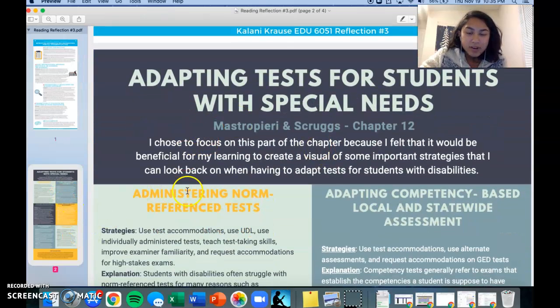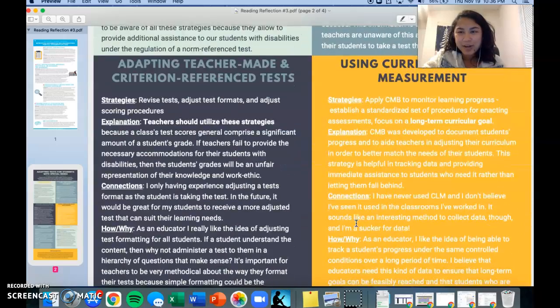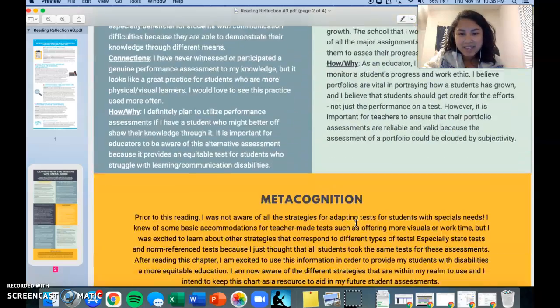The next infographic here is one that demonstrates my inability to prioritize. This is from chapter 12, and I decided to try and make an infographic about the ways that we can adapt tests for students with special needs. I do like this infographic because it highlights strategies, but I do not like how word heavy it ended up being.